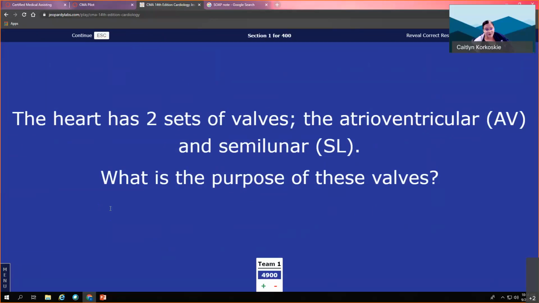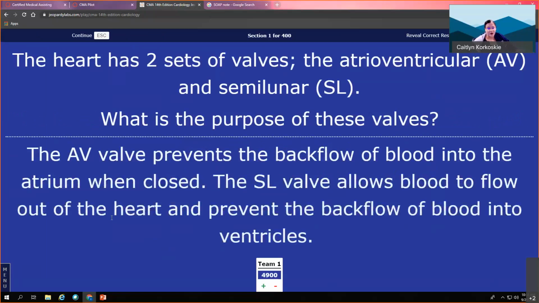Yes, and also prevent backflow. So basically, the AV valve prevents the backflow of blood into the atrium once that valve is closed, and the SL or semilunar valve allows blood to flow out of the heart, but then prevents backflow of blood into the ventricles.